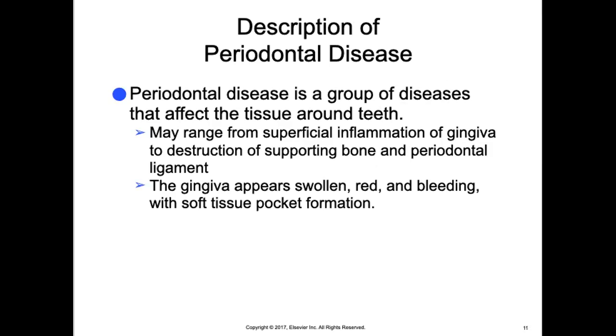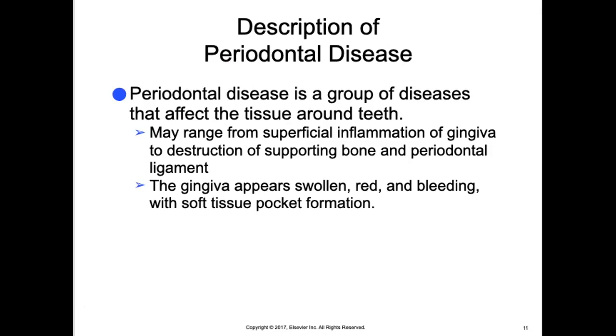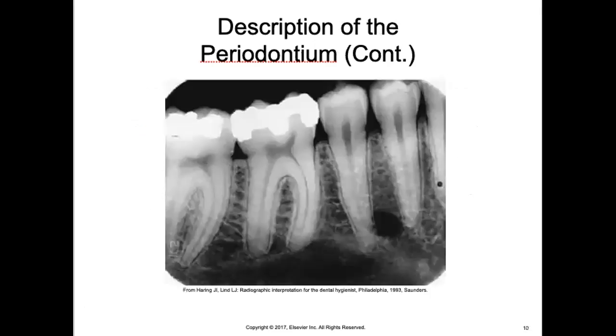So if you take a look in your book at figure 34-1, this is what healthy teeth look like. Once again, we're going to go forward one slide. With periodontal disease, you'll see the image looks a lot different from this picture.